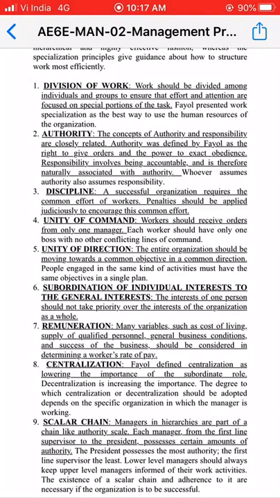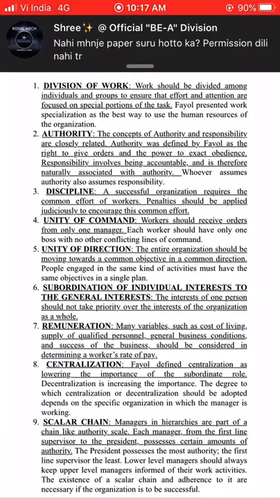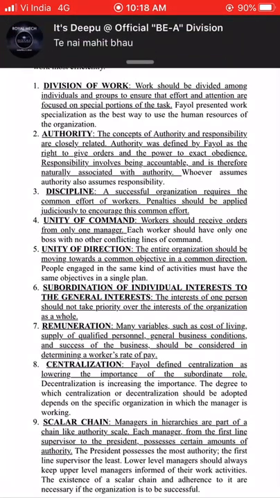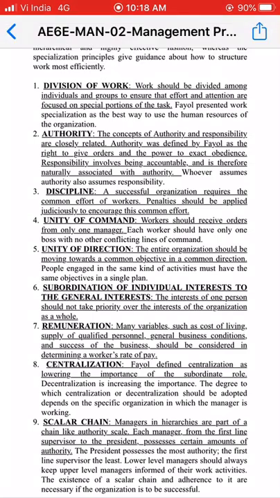Okay, then the next one is unity of command. Here, in unity of command, workers should receive orders from only one manager. As we know, in any organization, workers get a command from only one manager. Each manager should have only one boss with no other conflicting lines of command.